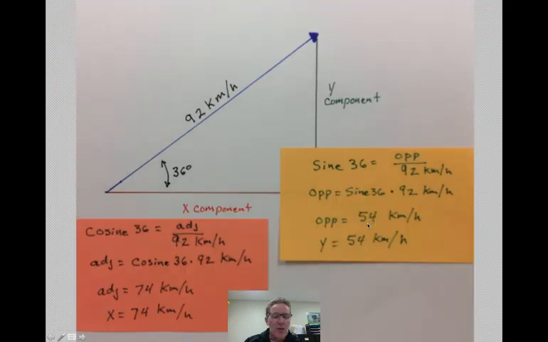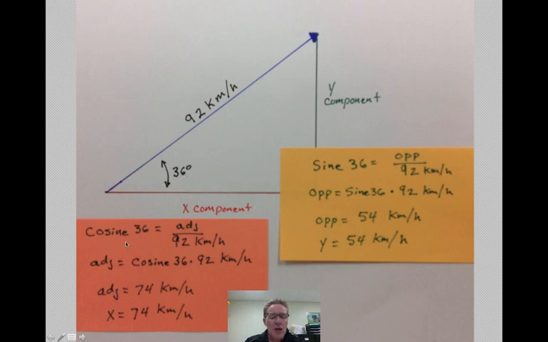We can do a similar thing with the x component. Since the x component in this case is adjacent, or next to the angle, then we would use cosine. So again, cosine is equal to adjacent over hypotenuse. Again, our vector is the hypotenuse, and we know the angle, so we can plug these numbers in.